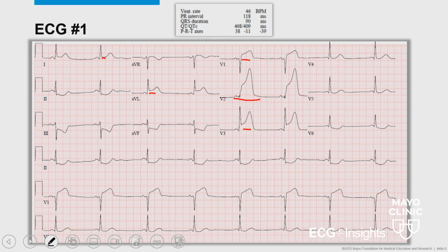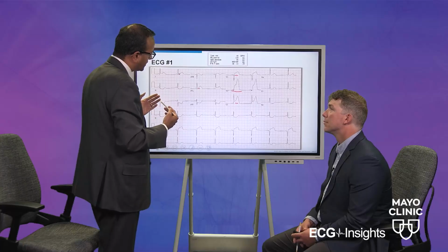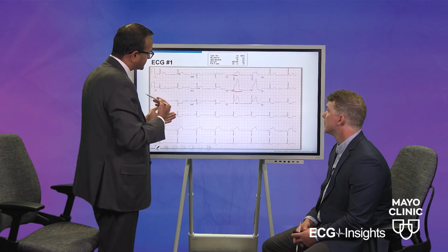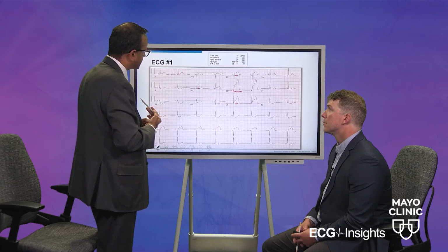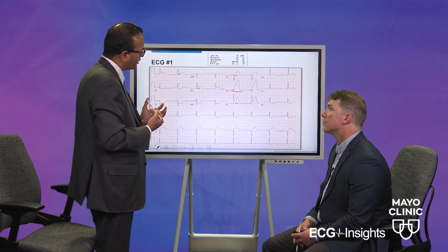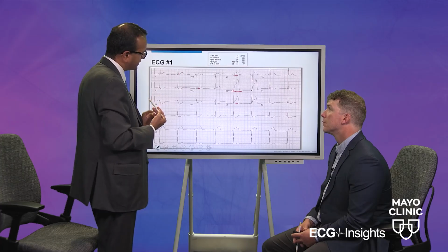Now, if that's the case, when you look at ST segment elevation, we always talk about reciprocal changes. That is the area of the heart which is not affected, but all the activation is, but you're trying to see all the reciprocal changes on that ECG. So generally for anterior wall MI, the reciprocal changes will be in the inferior leads.